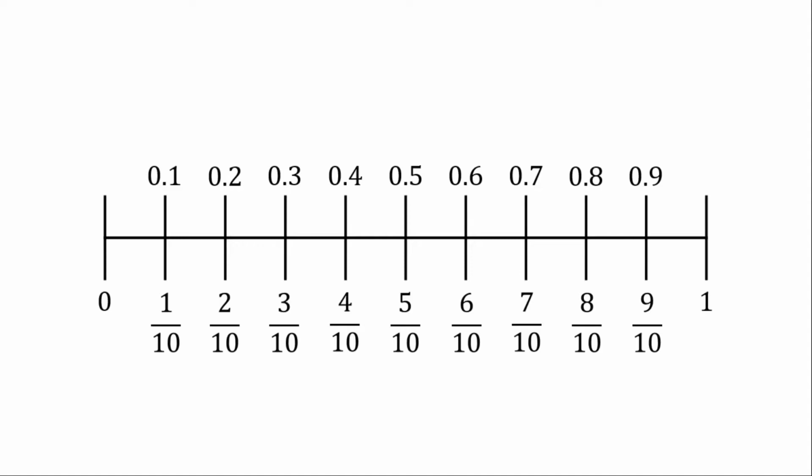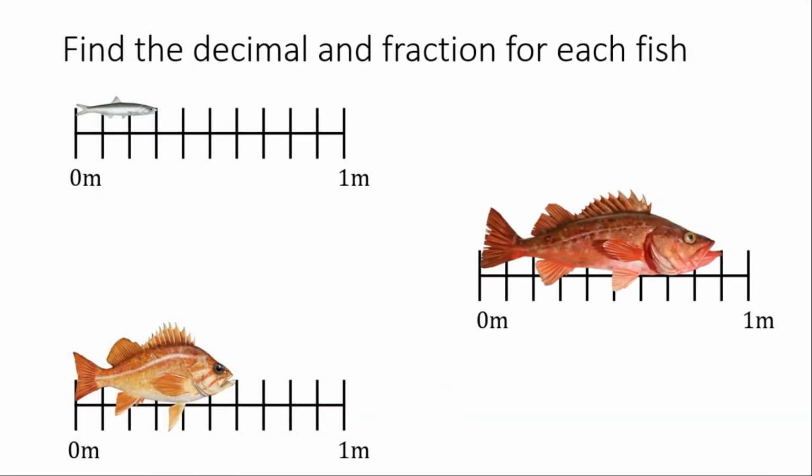For example, fish. I have 3 pictures of fish here, and what I want you to do is measure the length of these 3 fish. At the top we have the California anchovy. Anchovies are fairly small fish, so you can see it's kind of tiny. In the middle to the right we've got the Boccaccio rockfish, and on the bottom we've got the Canary rockfish.